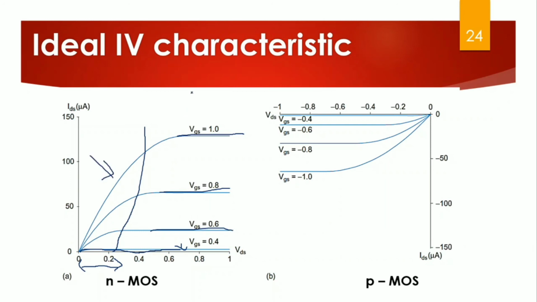So this is the linear region, this region is saturation region, and this region is cutoff region. This is for N MOSFET. If you are defining for P MOSFET, this part is the cutoff region, this part is the linear region, and this will be the saturation region. So these are the three different regions of operation of MOSFET.